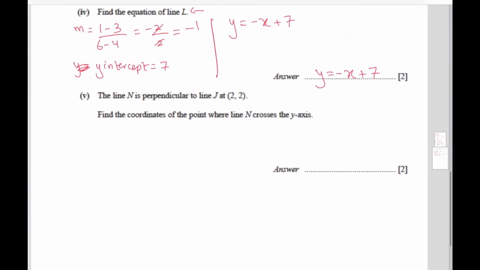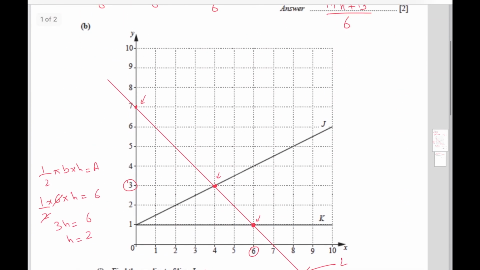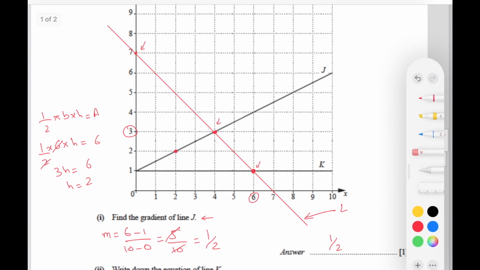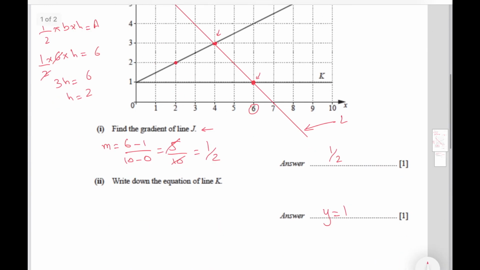The next part says the line N is perpendicular to line J at (2, 2). Find the coordinates of the point where line N crosses the y-axis. So that means there's a point (2, 2) over here, and a line needs to be drawn that is perpendicular to line J. In order to find the perpendicular line, instead of making an assumption, we should look at the gradient of J and reciprocate it.